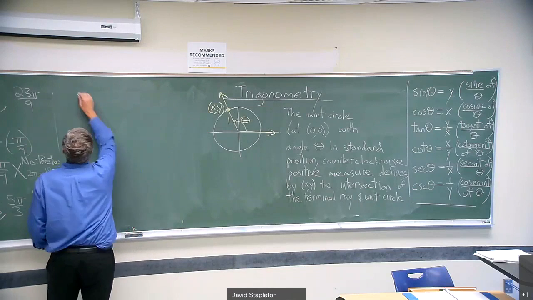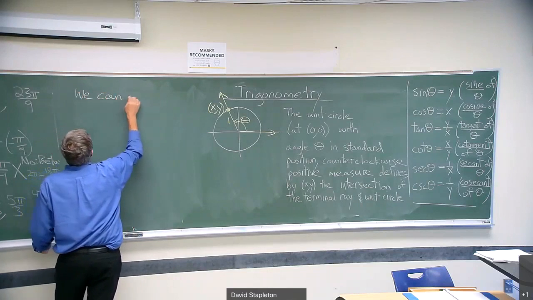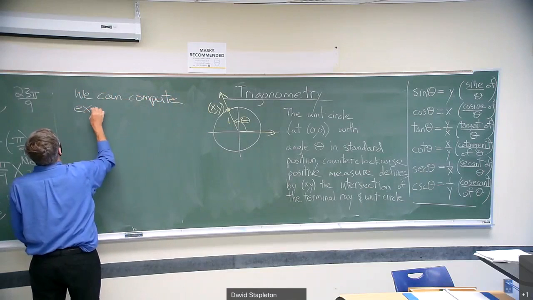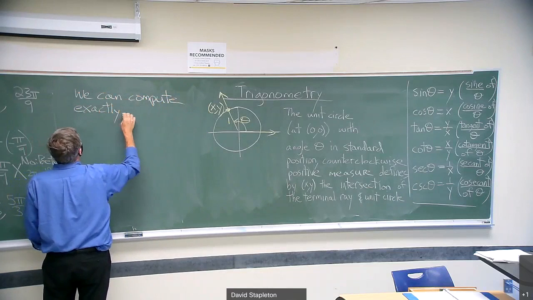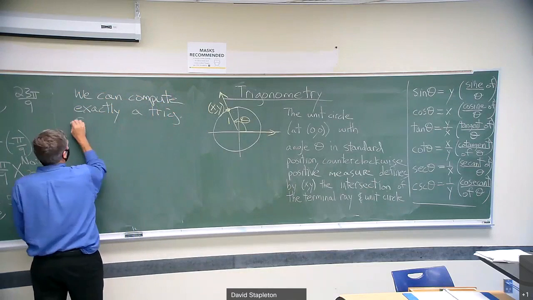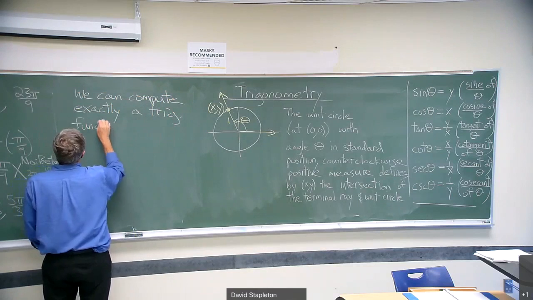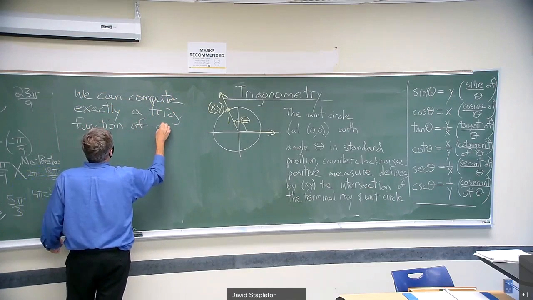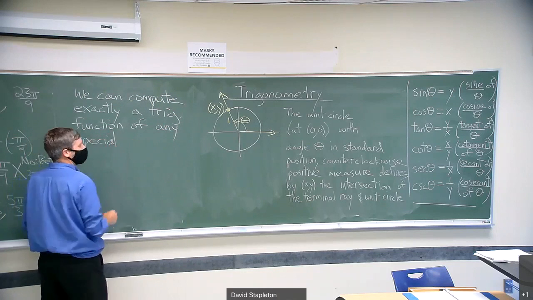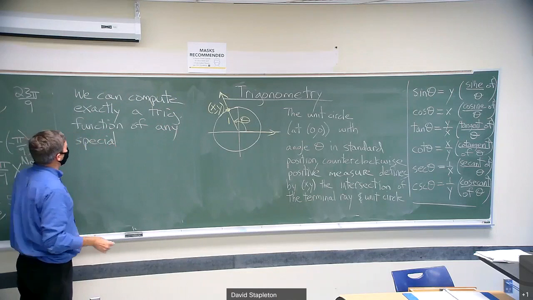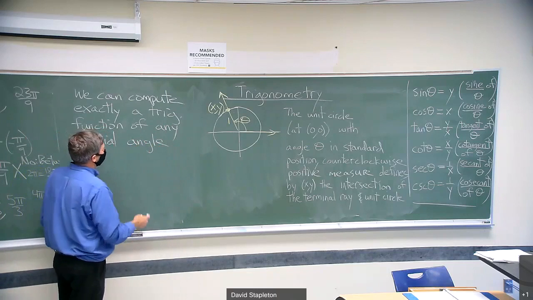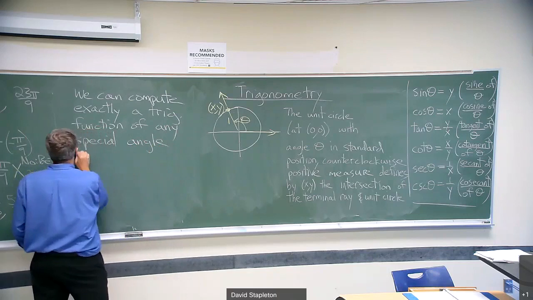Remember what a special angle is? Those are the 6 trig functions right there. Any special angle. And we said the special angles were those that are multiples of 30 or 45 degrees. And you'll see why we want to call them special.